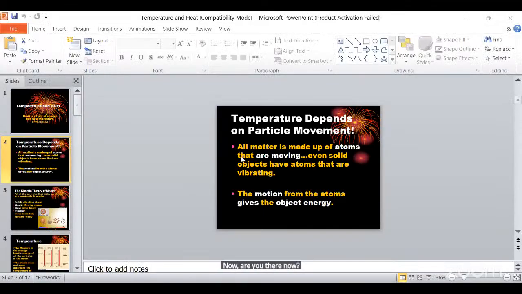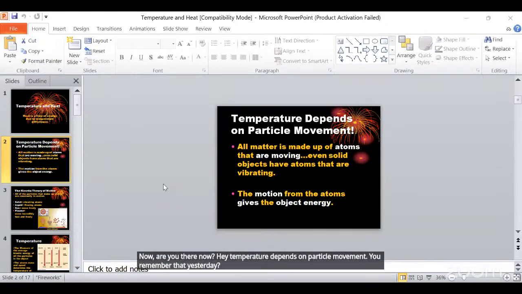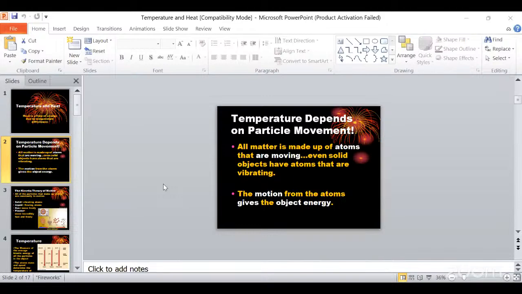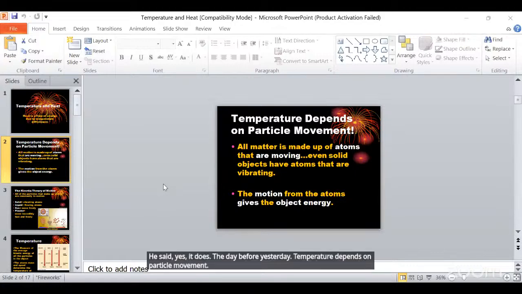Temperature depends on particle movement. You remember that on Tuesday. You remember I made mention of the particles of a system or a material vibrating about their mean equilibrium position, right?